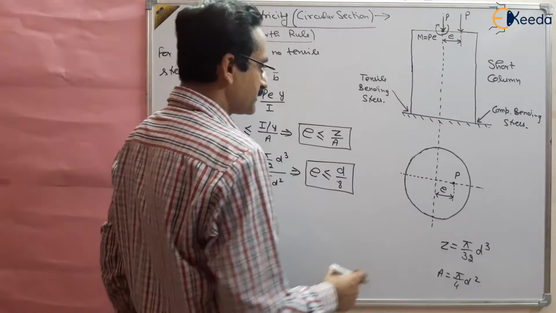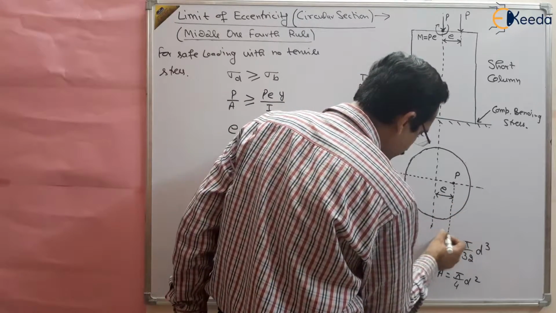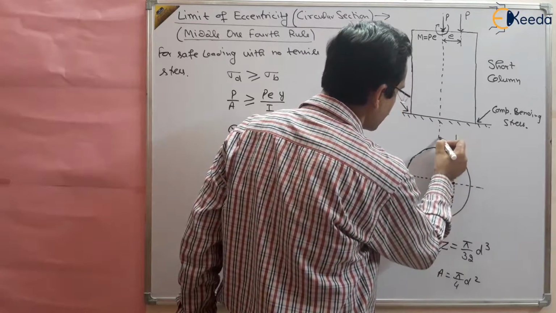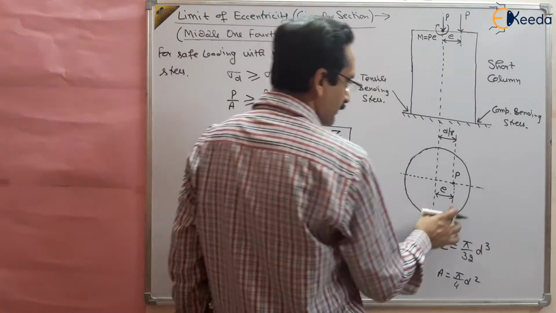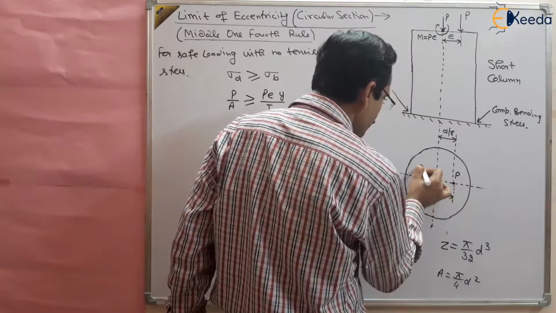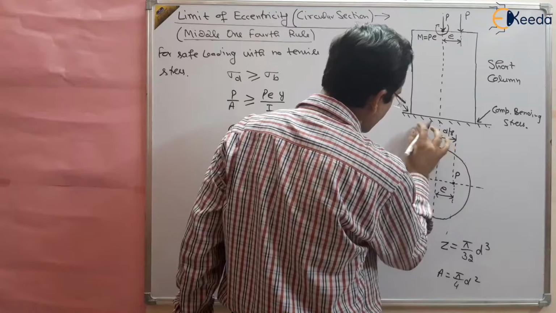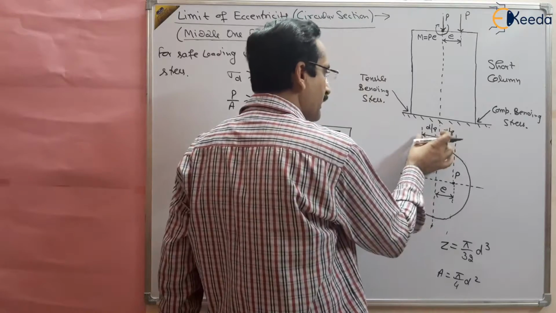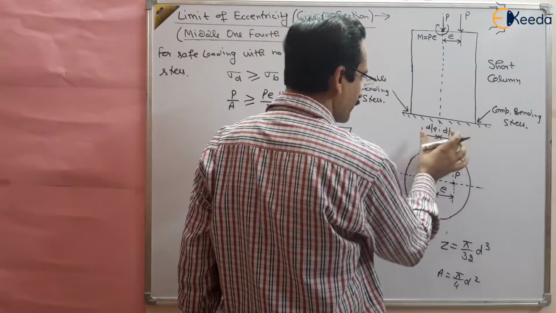It means this value should not be greater than d by 8. And if we see the other side, if the load is applied on this side, then also we will get the same thing, the eccentricity should not be greater than d by 8, and d by 8 plus d by 8 will become d by 4, so diameter by 4.